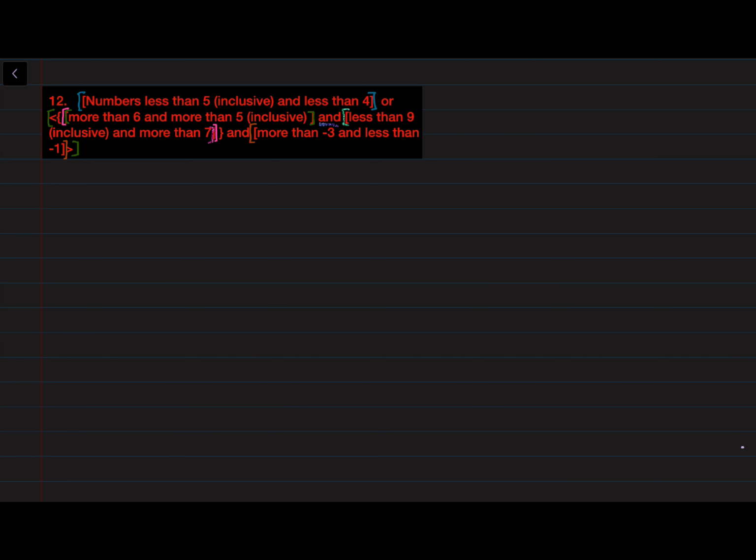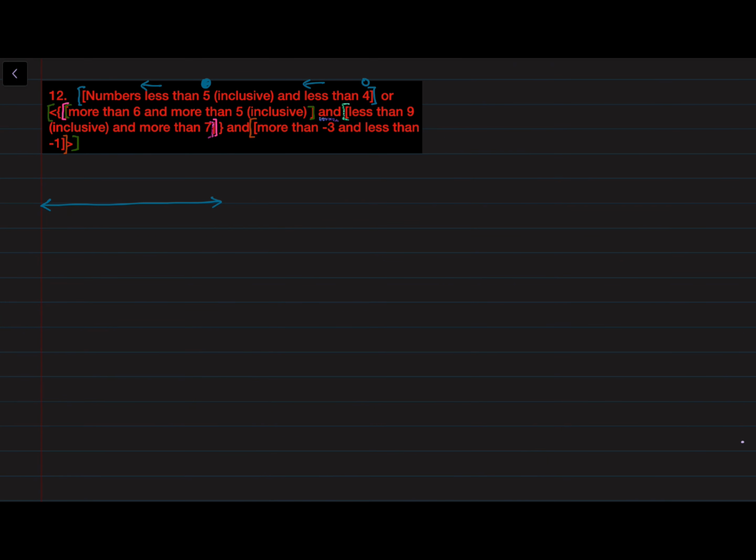So let's do the blue one first. We have numbers less than 5, and it says inclusive, and less than 4. We can draw the number line. So we have 4 and 5.